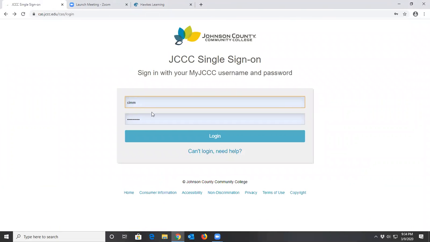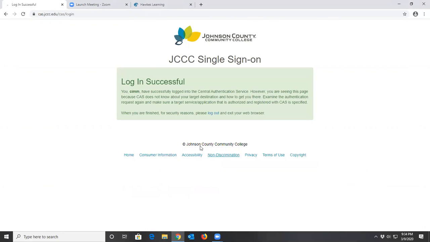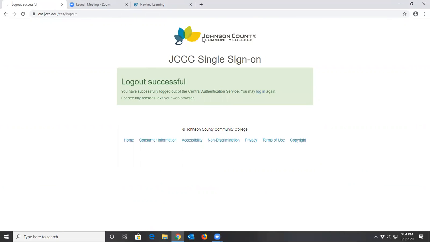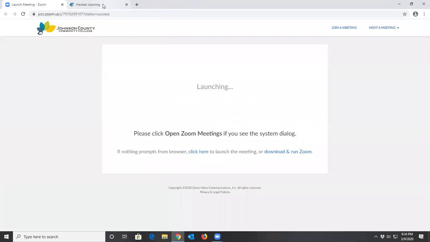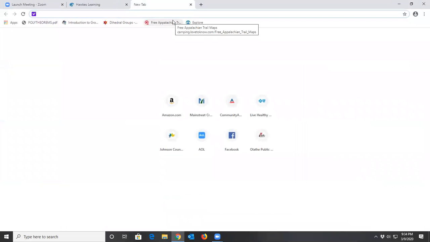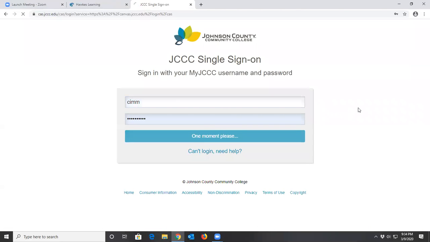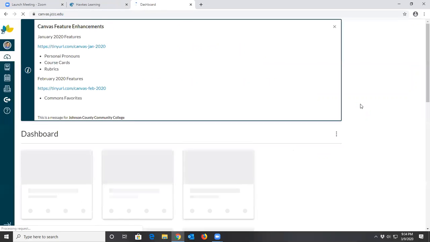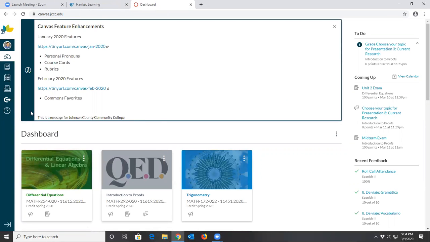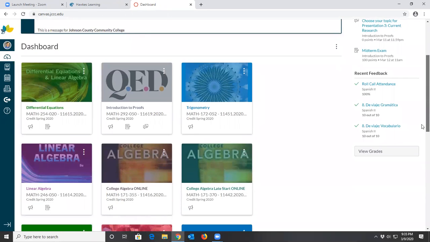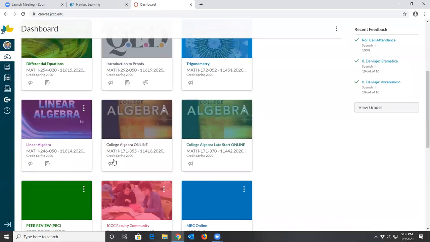Sweet. Yeah. So there is a lot of really good stuff in there. It's pretty important that you're able to access Canvas, because I don't like to spam everybody with a lot of emails. I know that Hawks gives a lot of reminders, but I like to put sort of a what's happening this week here.